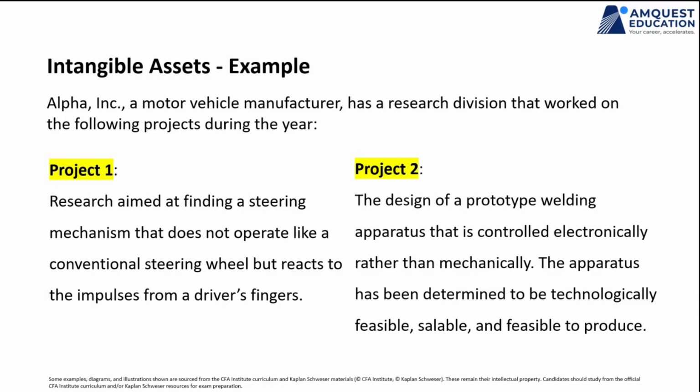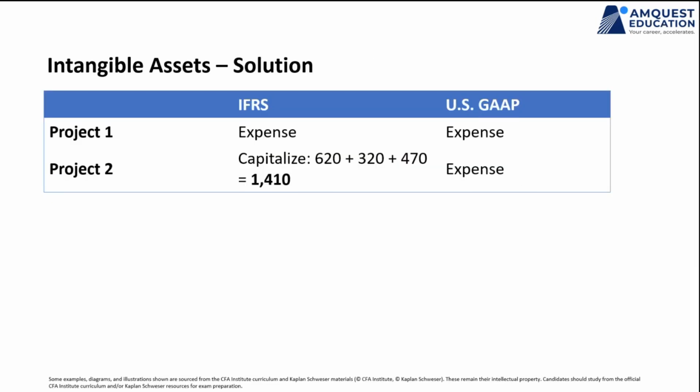And that steering mechanism does not operate like a conventional steering. So in this case, the project has still not achieved technological feasibility, right? And if you don't have technological feasibility, we are just going to expense everything, right? We are not going to record anything as a capitalized amount.